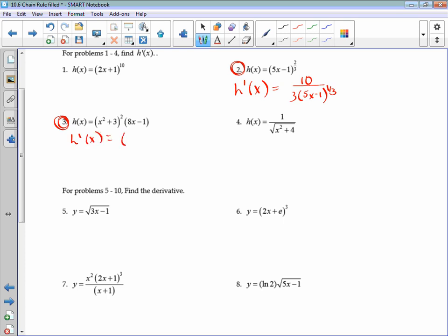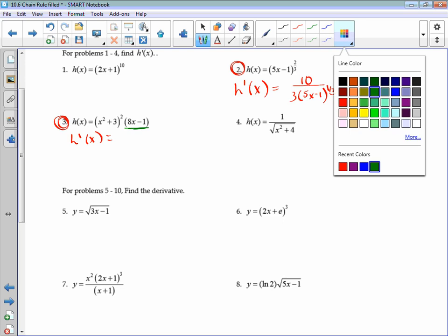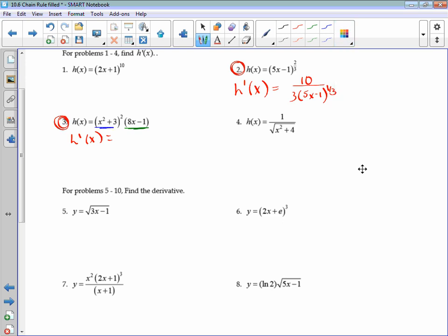So I'll color code. This one I'm going to do in green. This one I'll do in blue. So 8x minus 1, and then times the derivative of that first quantity. I cannot just do power rule there. That is going to be chain rule.